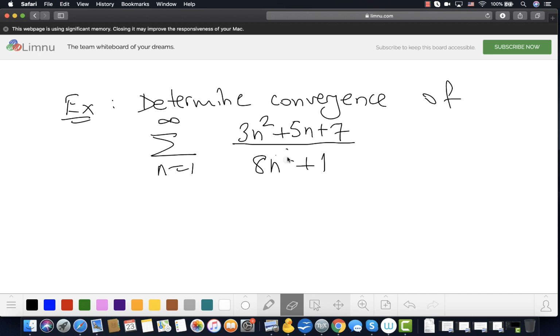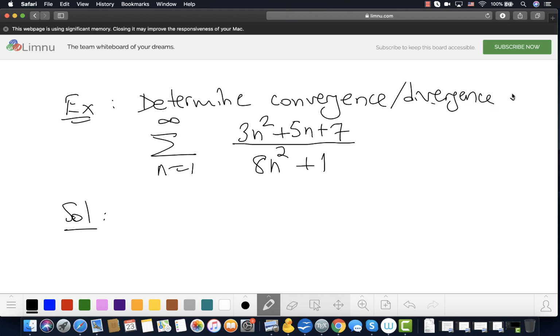Again, by determining convergence, I mean determine convergence or divergence, so we have to figure out which one it is. Again, the solution: the sequence that corresponds to this series is the thing in front of the sigma, so (3n squared plus 5n plus 7) divided by (8n squared plus 1).